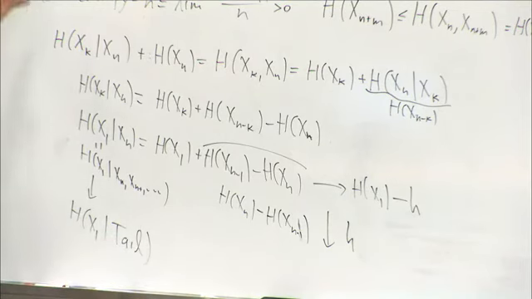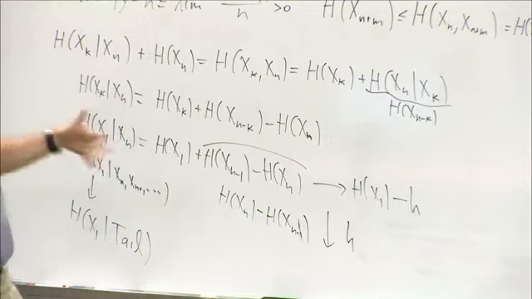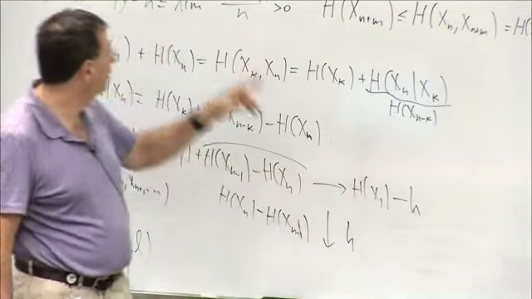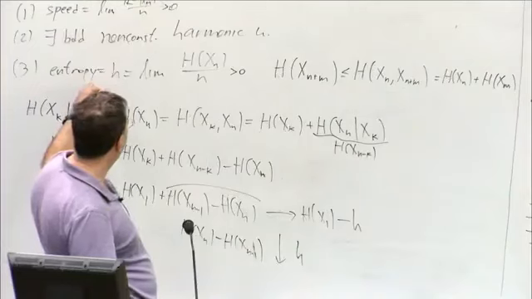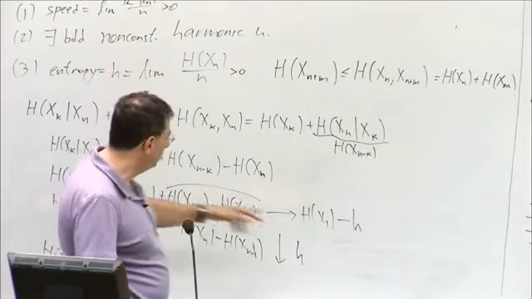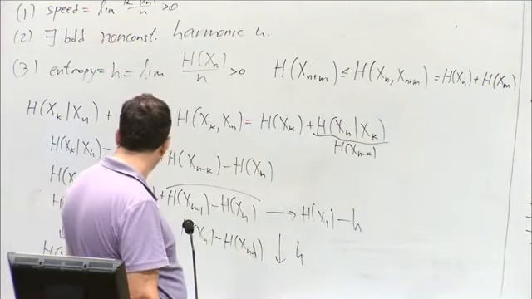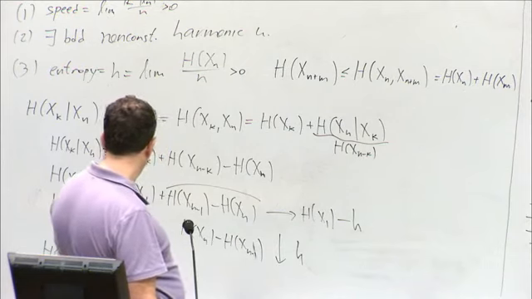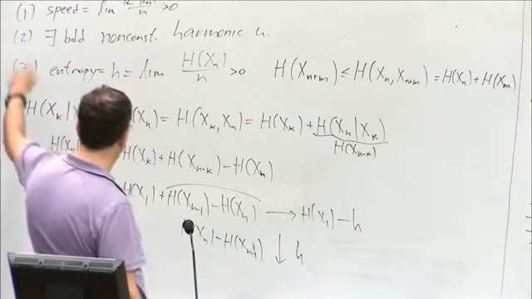Okay, now we're set to prove the equivalence of 2 and 3. So let's do so. If the entropy is 0, so this is, I guess 2 implies 3. Let's see, which direction do I want? No, actually, let's start with 3 implies 2.